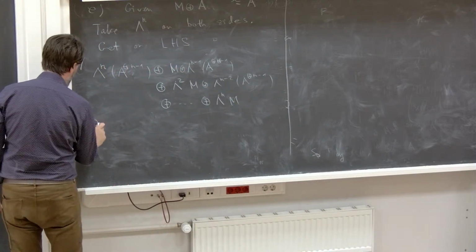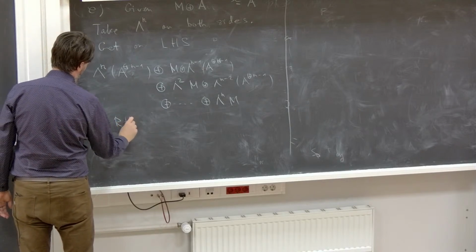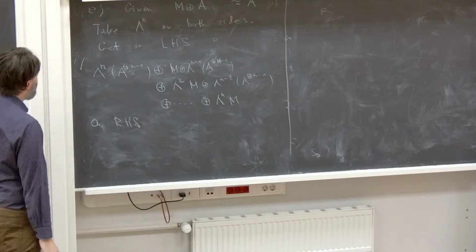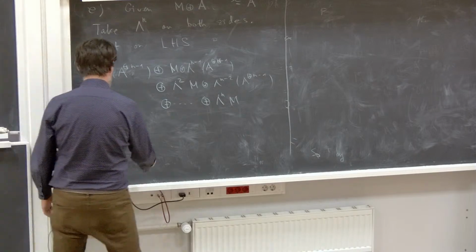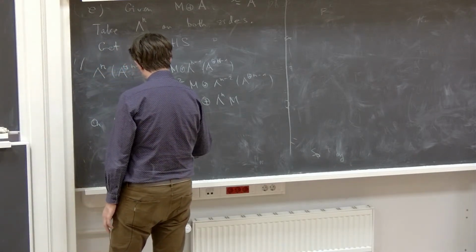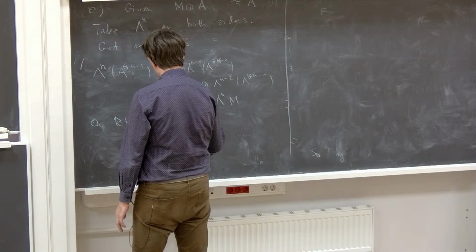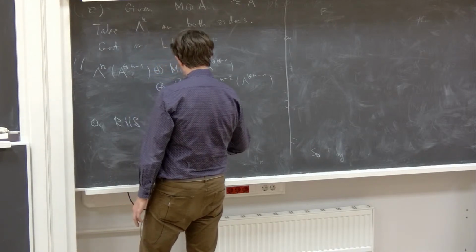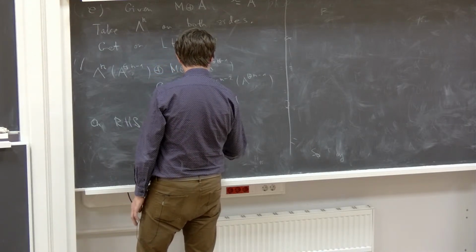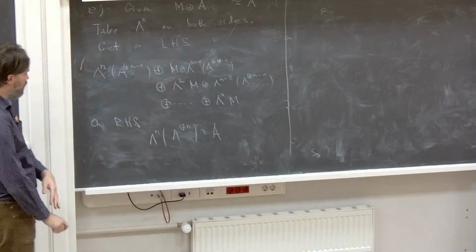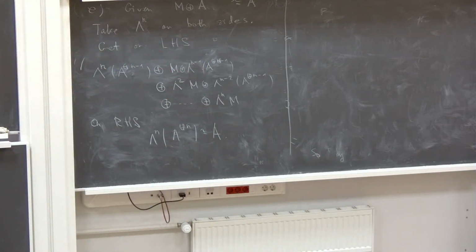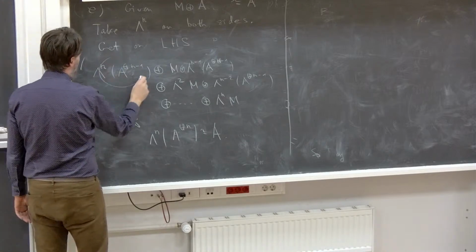And on the right-hand side, you'll get wedge n of A^n, which is just A. So the left-hand side now is isomorphic to the right-hand side. This term, of course, is 0.